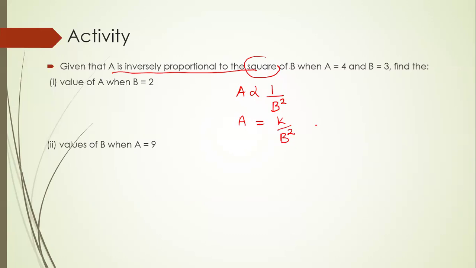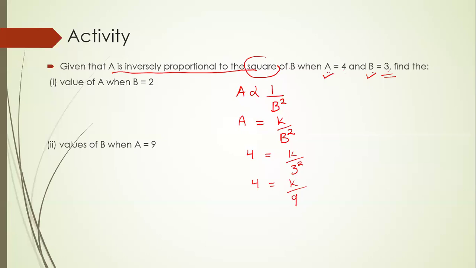Now, after writing that, what are you going to do? You are going to substitute what your A is and what your B is. Our A is 4, B is 3. So where there is A, we put 4, and where there is B, we put 3. So we have 4 equals K over 3 squared, which is 9.